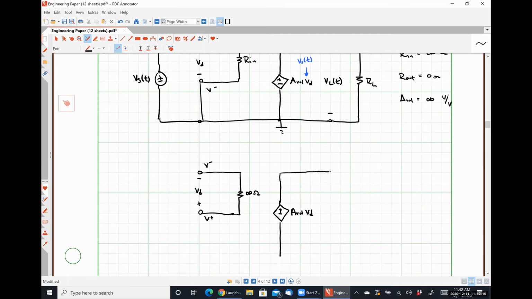Short circuit here. Feedback resistor, 10 kilo ohms.